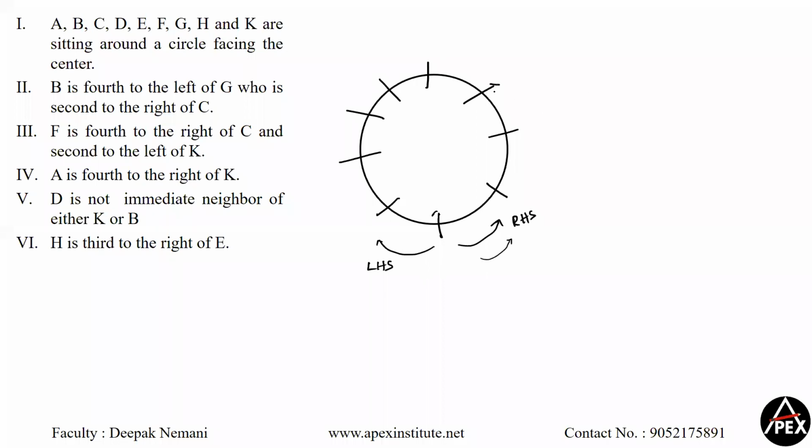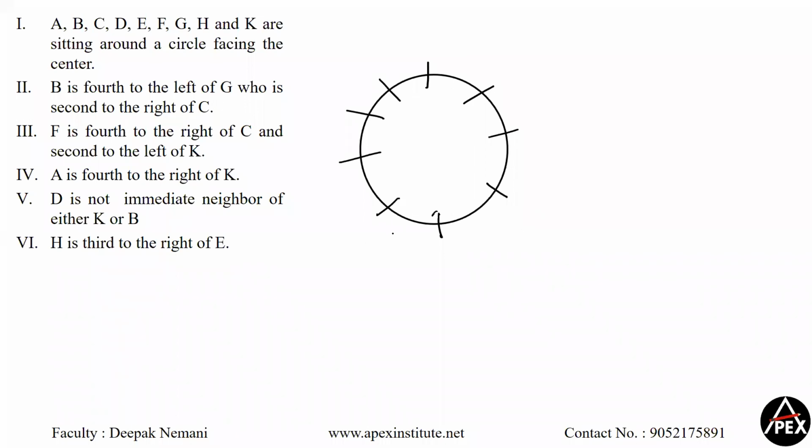When you have people facing away from the center, then clockwise will be right hand side and anti-clockwise will be left hand side. So if you want to remember the rules, you can. Otherwise, determine the direction that they are facing, determine which is left and which is right. Okay, clear? Now here everyone is facing towards the center.